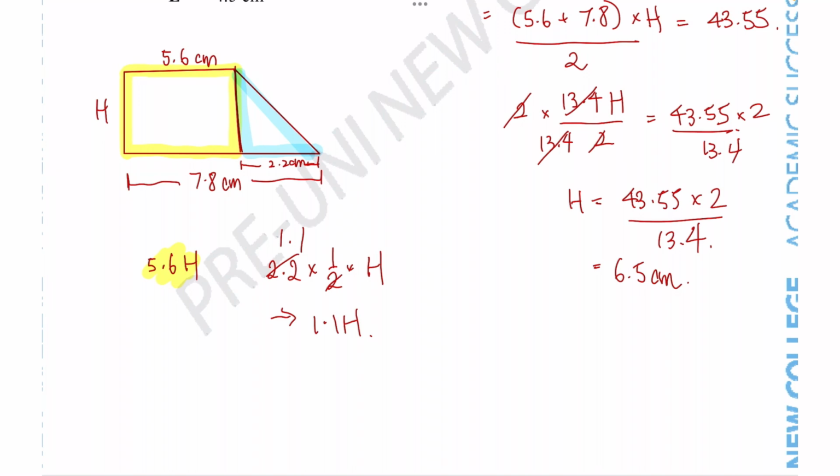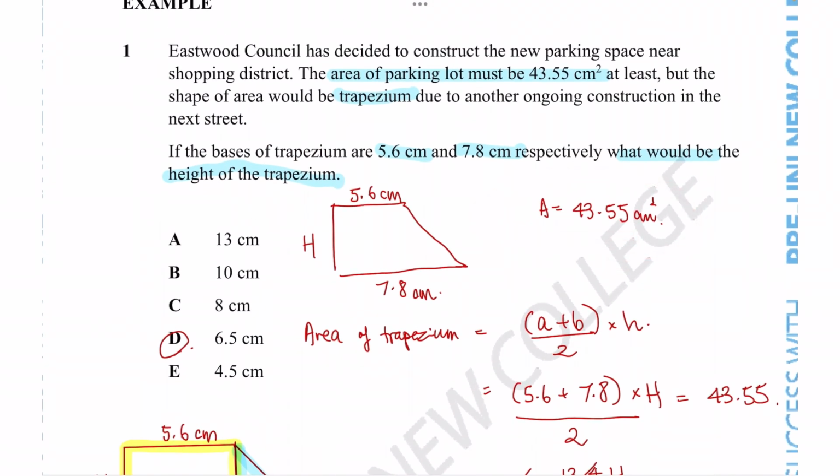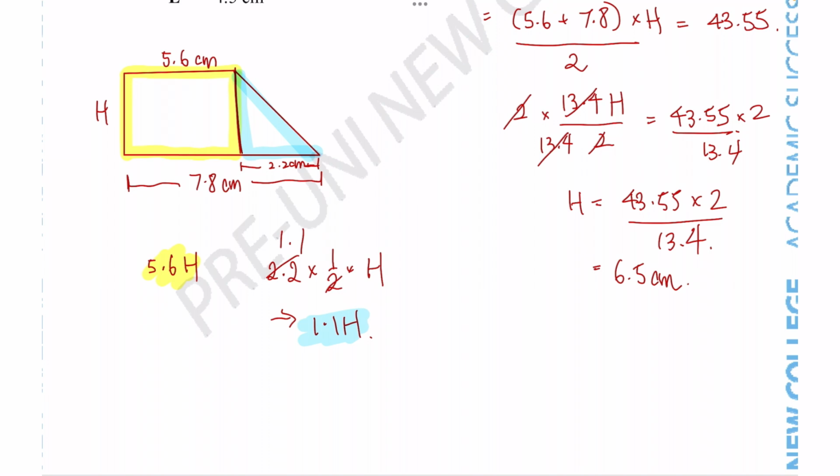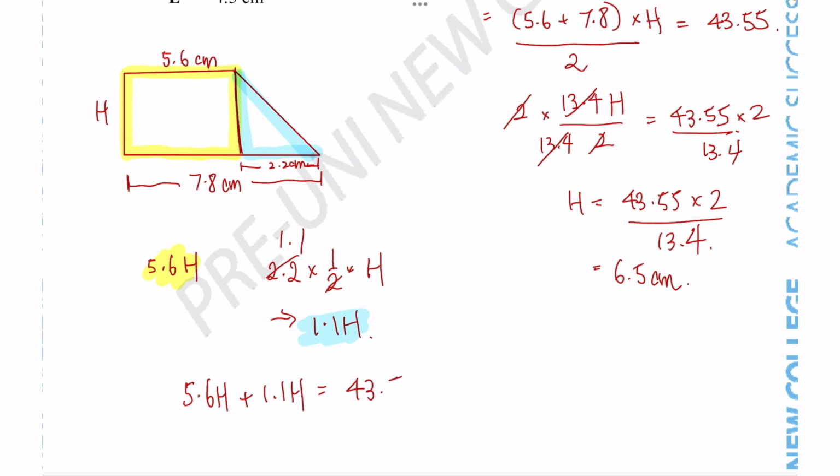Now remember, if we add these two values together, we're meant to get the area of the trapezium that they gave us in the question. So let's do just that. 5.6h plus 1.1h, which are these two areas respectively, gives us the entire area of the trapezium.